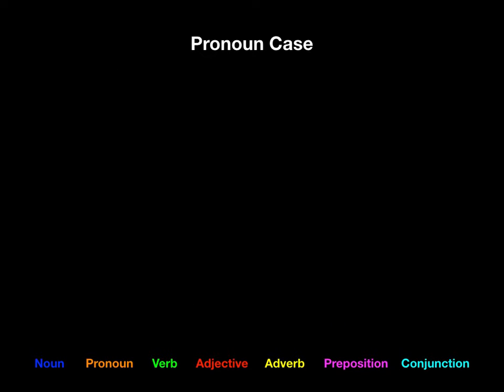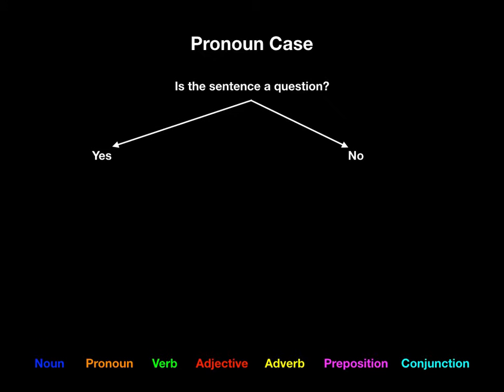So, how can we identify whether we are going to use nominative or objective case pronouns? In order to ascertain which is correct, there is a process that we should follow. First, we should ask ourselves, is the sentence a question? This will then send us on two separate paths.